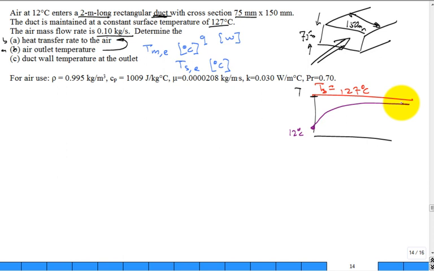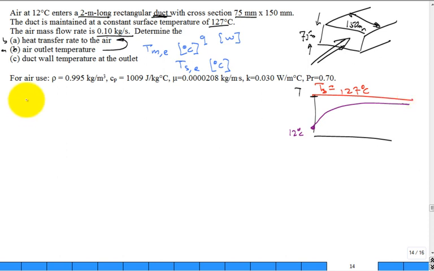Exponential, right? From a differential energy balance, we were able to get a differential equation with the boundary condition and integrate and solve. And so we got that solution, which had an exponential function in it. What did that function look like?